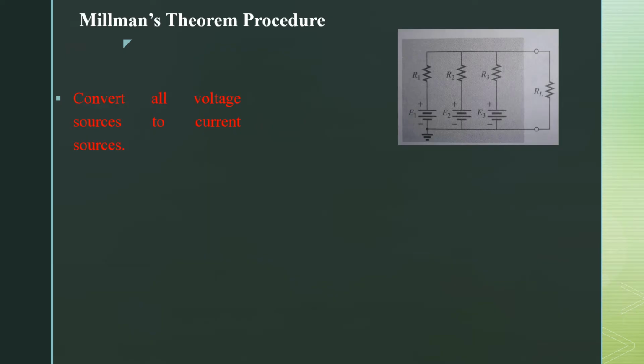Now let's discuss the Millman theorem procedure. First of all, for example, if we have three different sources in parallel, E1, E2, E3, with the parallel resistors R1, R2 and R3. In the first step, convert all the voltage sources to current sources using source transformation theory.